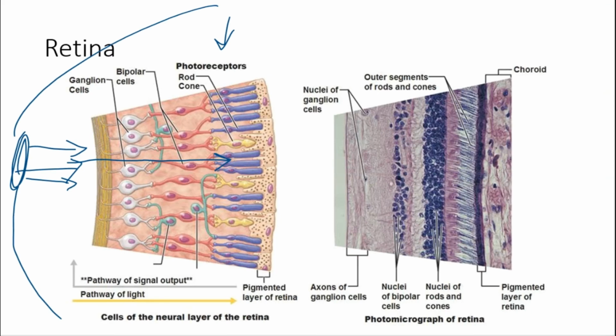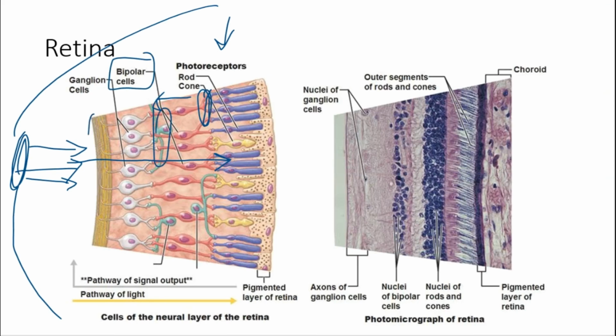Once the photoreceptors, the rods and the cones, receive the signal, they transduce it into an electrical signal, the action potential, something the neuron can understand. The dendrite of the bipolar cell passes that information along its axon, which is this area over here, to the ganglion cells.